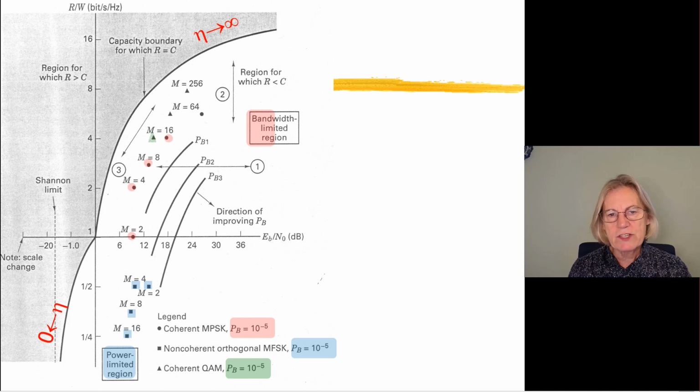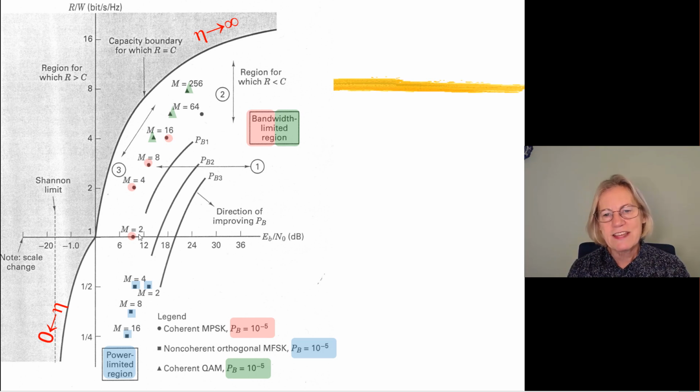And I could go on and do the same thing for QAM. And of course, QAM is even more of a good trade-off. And you can see the trade-off very clearly here. Because M equals 16, they both have the same spectral efficiency, both PAM and QAM.